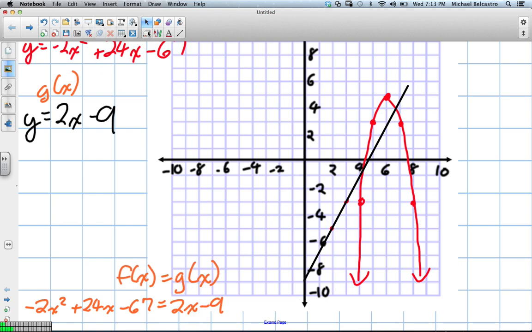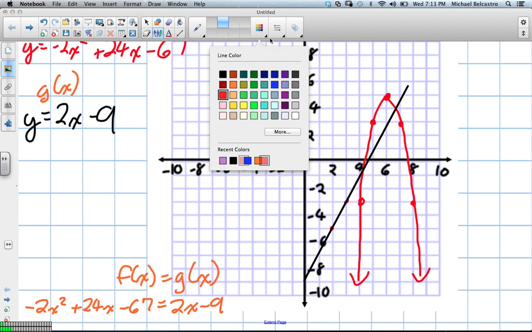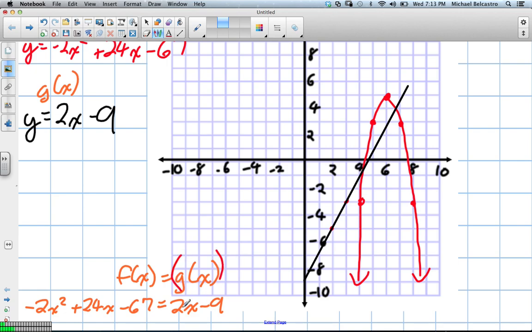This is our g at x from above, and this is our f at x from above. So what we're going to do is derive them in order to figure out where they cross each other.